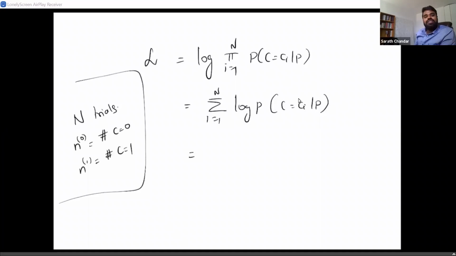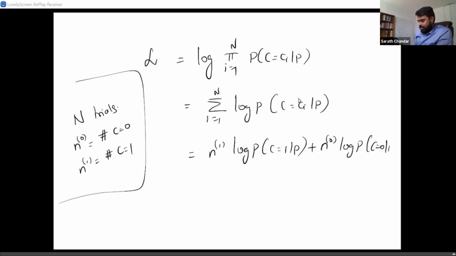Okay, so whenever C is equal to 1, the probability is given by log P. Whenever C is equal to 0, the probability is given by log 1 minus P, right? So I can just write this as n1 times log P of C is equal to 1 given P plus n0 times log P of C is equal to 0 given P, right?